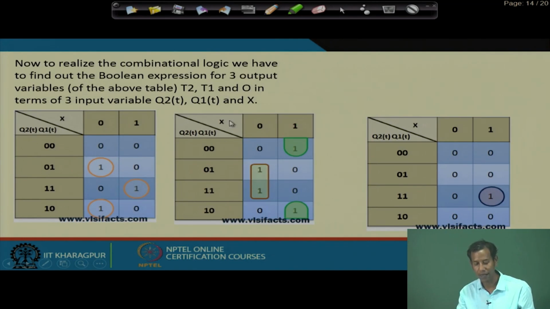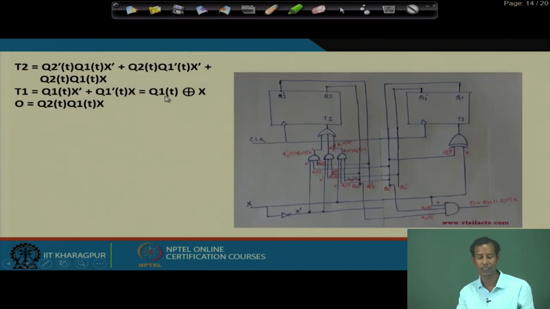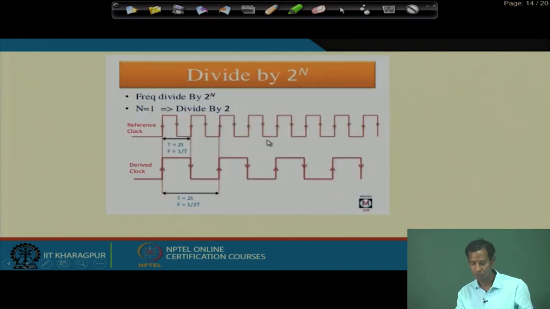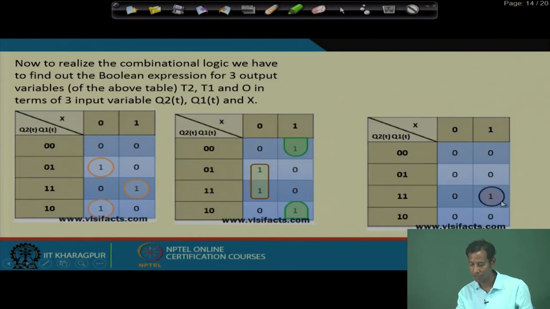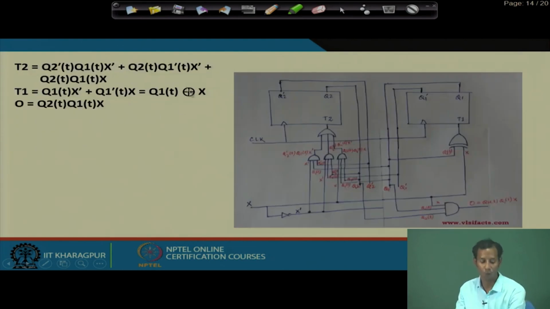So, here Q1 and x bar, and for this it is Q1 bar x. So, this is nothing but Q1 XOR with x, and for the output, the logic is Q2, Q1 and x. So, once we derive the equation of O, that means this is the output of T1 and T2.